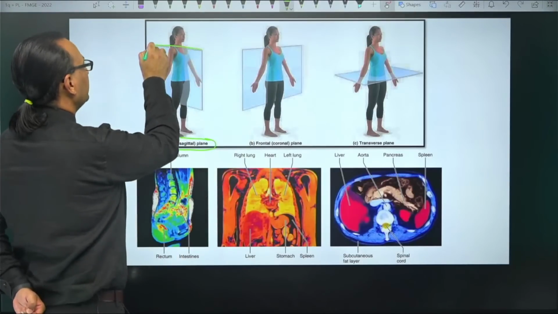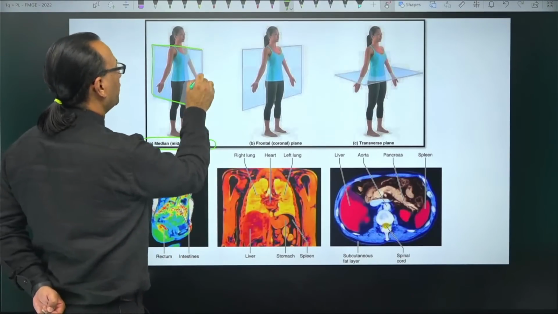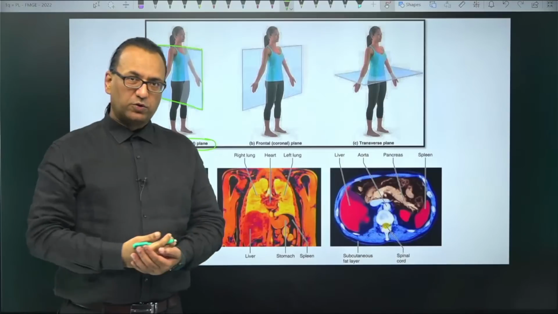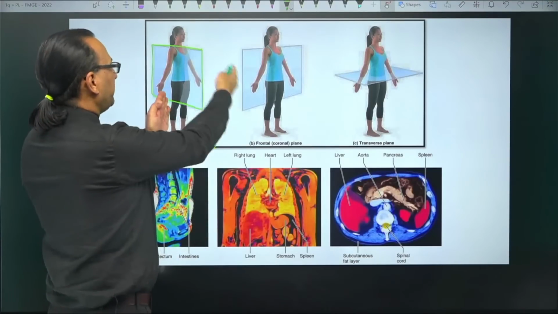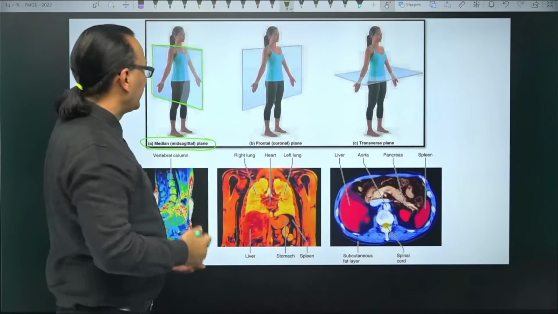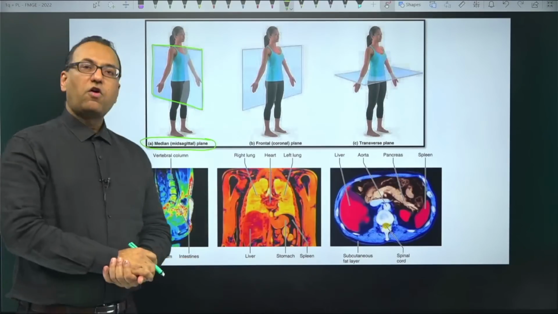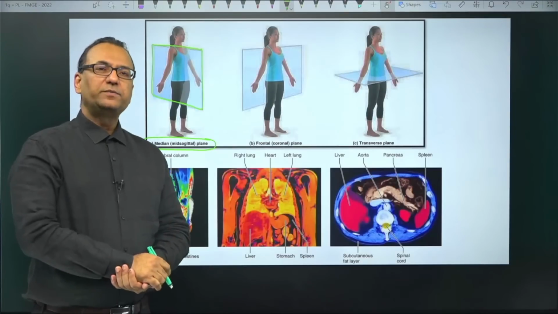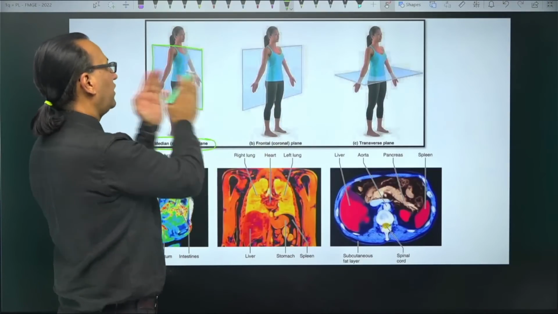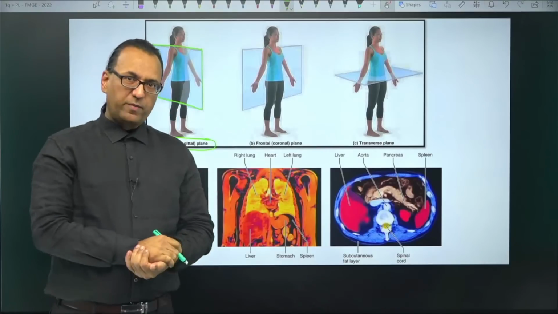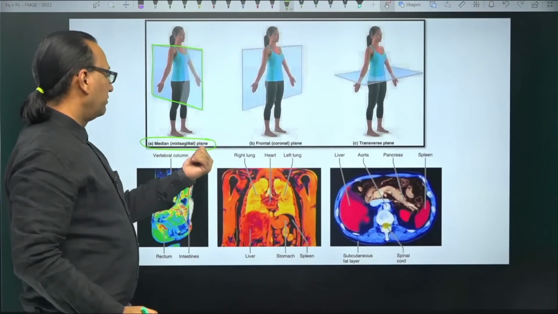The section is taken anterior to posterior so as the body is divided into right half and left half. In the similar fashion, we can take a CT scan like as is evident here, or any radiographic scan. You can assume that right half of the body has been removed and you are looking at the left half of the body from medial view. So that will be a mid-sagittal plane.